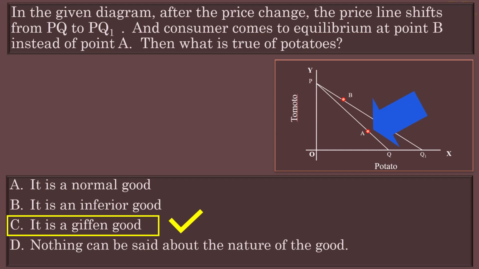Now he is in equilibrium at B. The quantity of potato he buys at point B is less than the quantity of potato he buys at point A. After a fall in the price of potato, he buys less of potato. That means what? Potato is a Giffen good. In case of a Giffen good, there is a positive relation between price and quantity demanded.